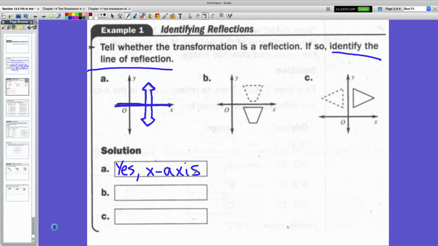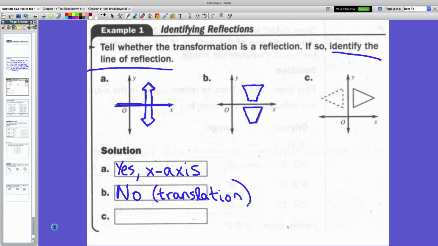Now letter B. If I take this shape, is there any way that I could flip it so that it lines up here? Hopefully you said no. If you're curious, this is a translation that you learned about yesterday, not a reflection.